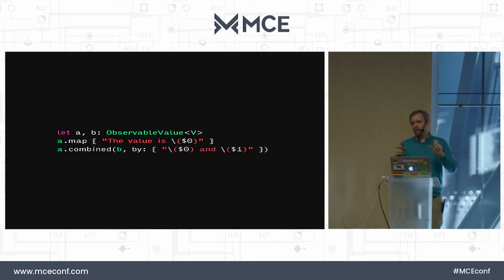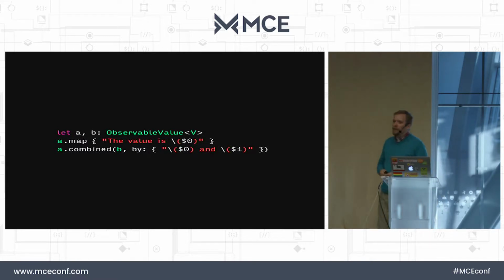If we have an operation that takes 2 arguments, we can just use this combine operation to lift that 2-argument operator to work on observable values instead. And once again, this returns an observable value, not just the direct value. And we can go on, define the combination operation for 3, 4, 5, whatever number of operands.